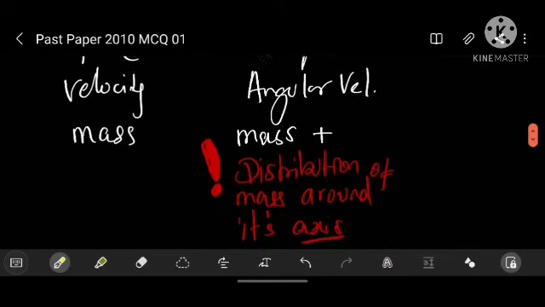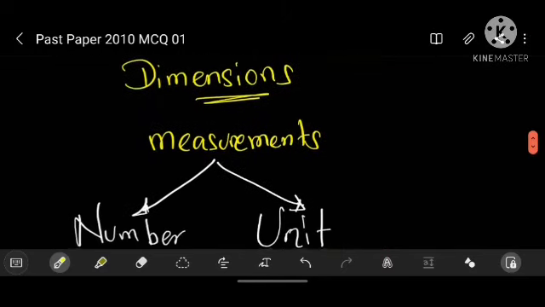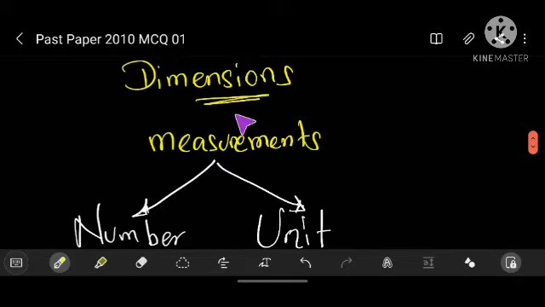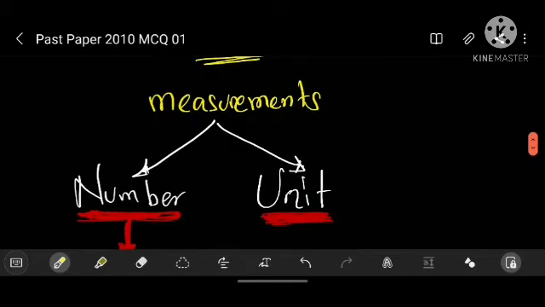Okay, let's talk about the dimension. Every measurement in the world you see has two parts.